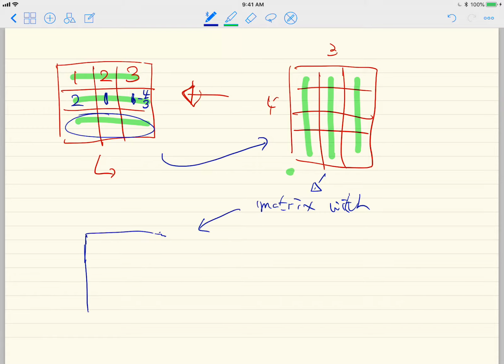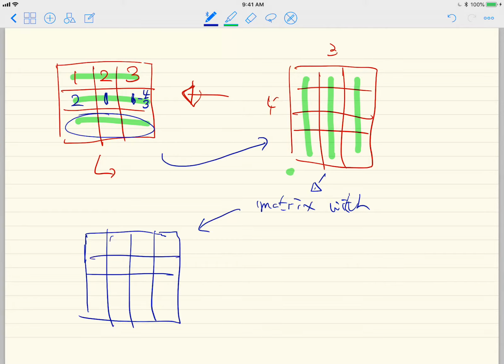So for example, maybe 4 by 4 or 3 by 3, and then we still consider their columns, and they should be orthogonal to each other, and at the same time, what is the second condition that we have to satisfy?